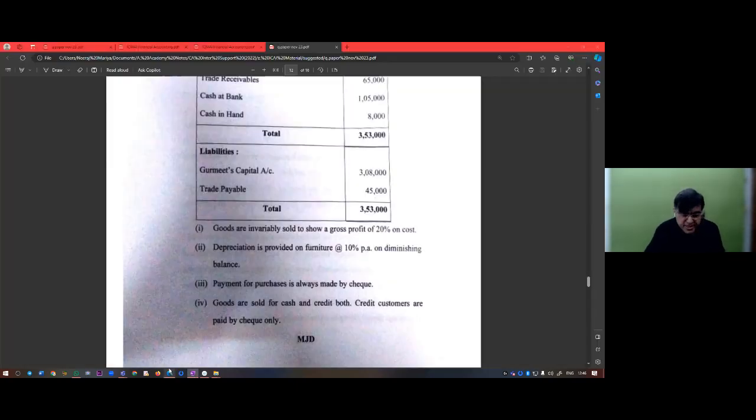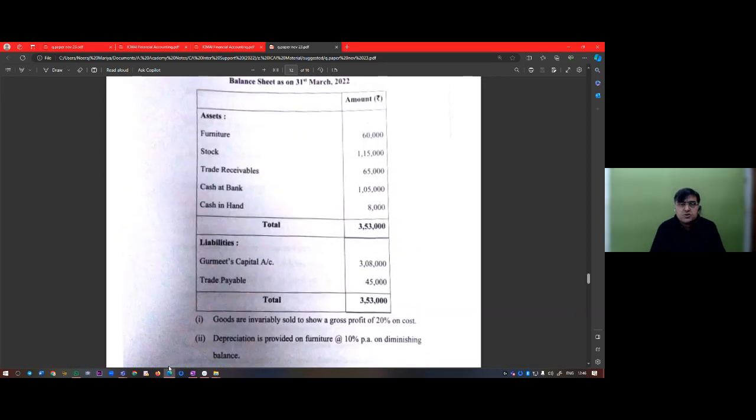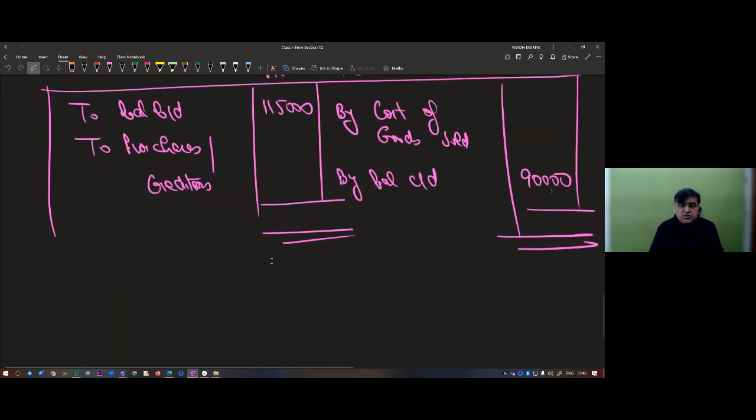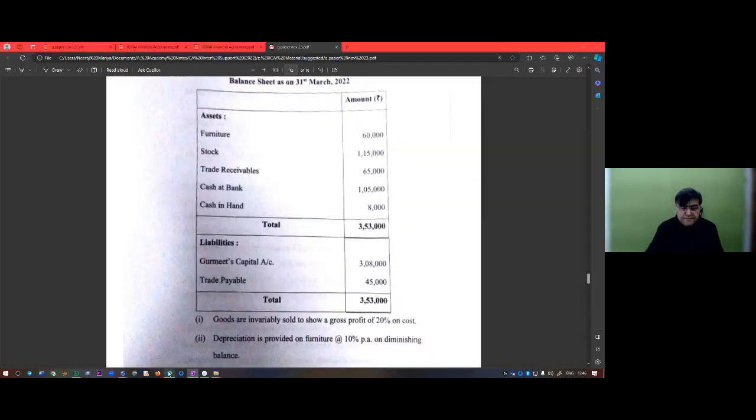So quickly, the stock level is 115, 90,000. Purchases, the balancing figure, purchases 1205. 1205 plus 115 is 1320, minus 19,000 is 1230. 20% on cost.